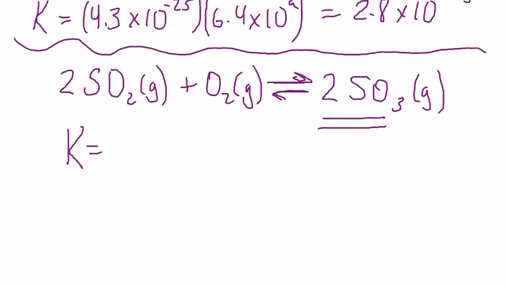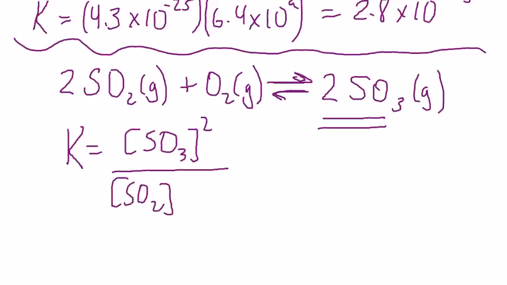Writing our equilibrium expression, SO3 is raised to the second power over SO2 raised to the second power, and we multiply that by O2.